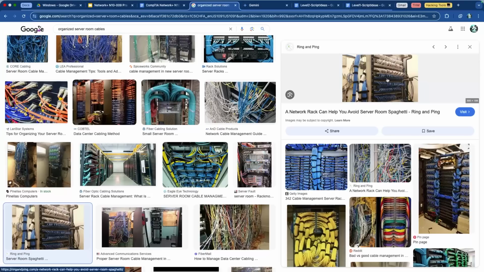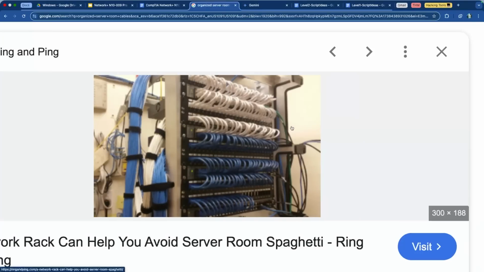Okay, so this was the specific image that I was actually trying to identify, and unfortunately it's not a very high quality image, so we have to kind of rely on it with the little fogginess that it has right here. But you can actually see that these white wires are connecting from the top one to the lower one, from this one to this one, and so on and so forth.